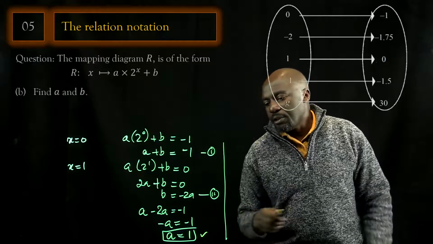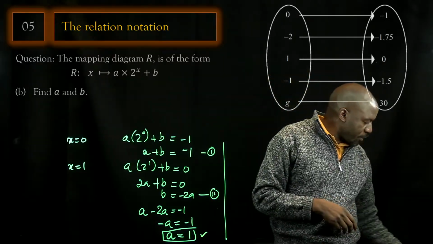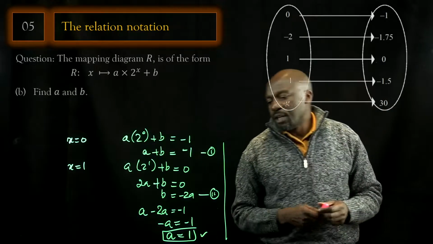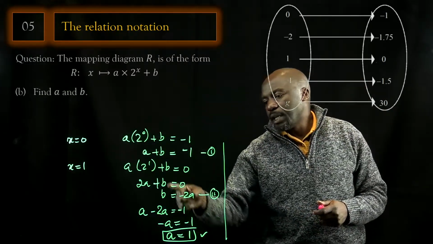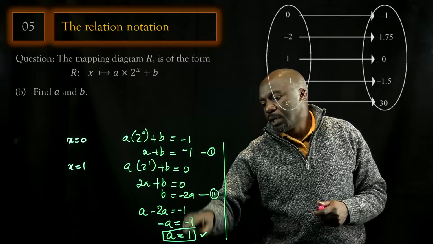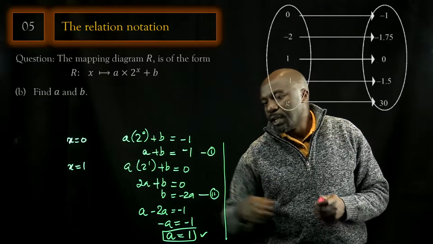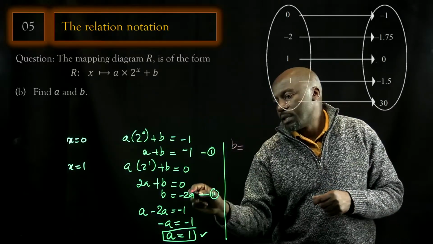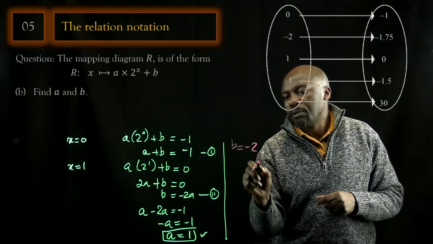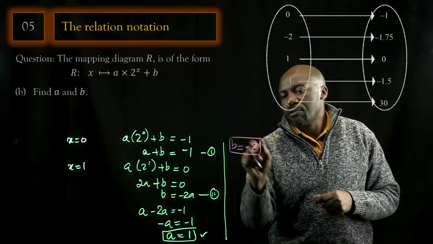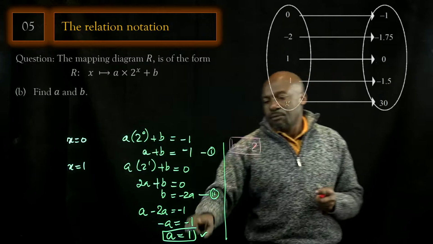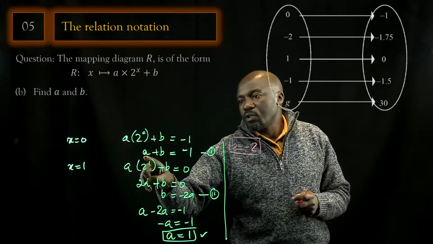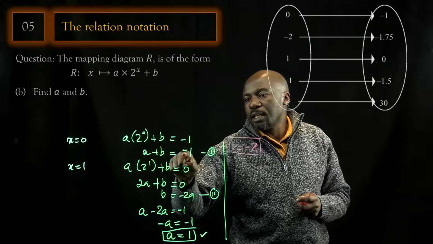Now that we know the value of a, we can also find the value of b. We can find the value of b by simply plugging that back in. We can put it right here. a is 1, so plug it right there. We can see that b is the same as what? Negative 2. This is the value of b. Take a, put it in here, or you can also put it here. a is 1, so if you take it to the other side, it becomes negative.